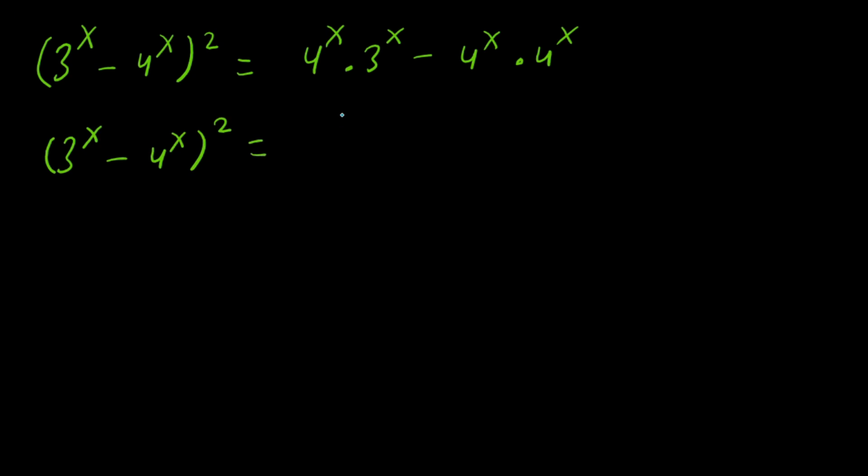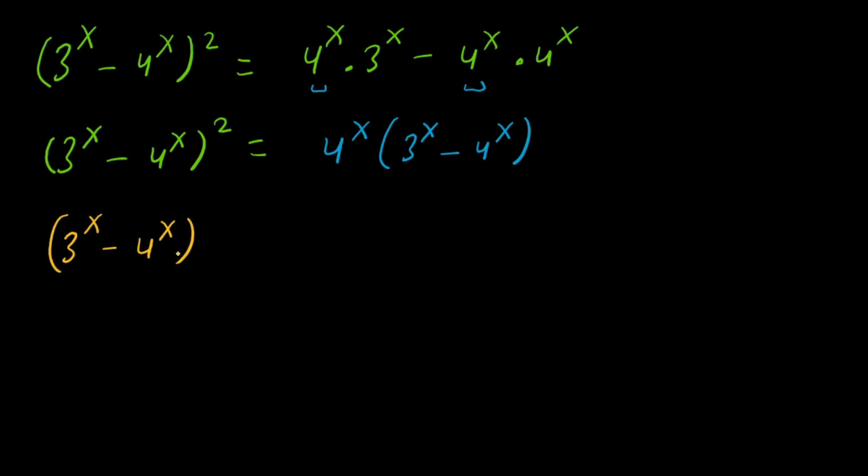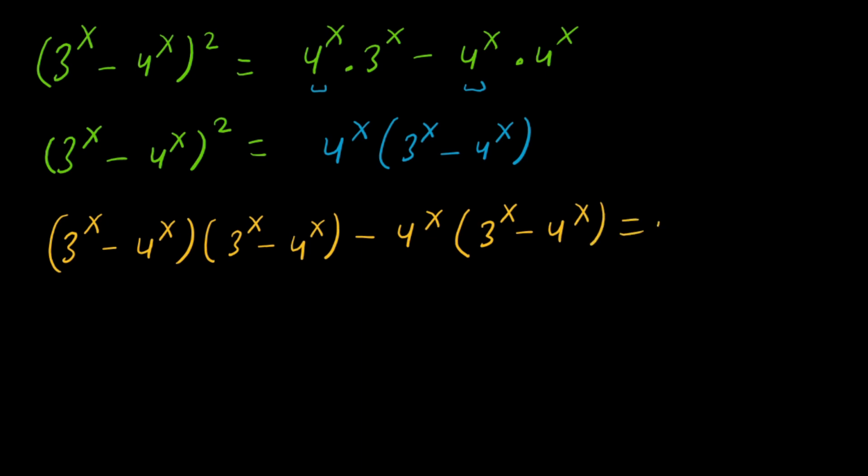In the left-hand side (3^x − 4^x)^2, and this equals, here 4^x is common. If we take 4^x common, then here 3^x − 4^x. Now the left-hand side is the same as (3^x − 4^x) times (3^x − 4^x), and if we take the right-hand side expression to the left, this is minus 4^x(3^x − 4^x) equals 0. Here 3^x − 4^x is common.